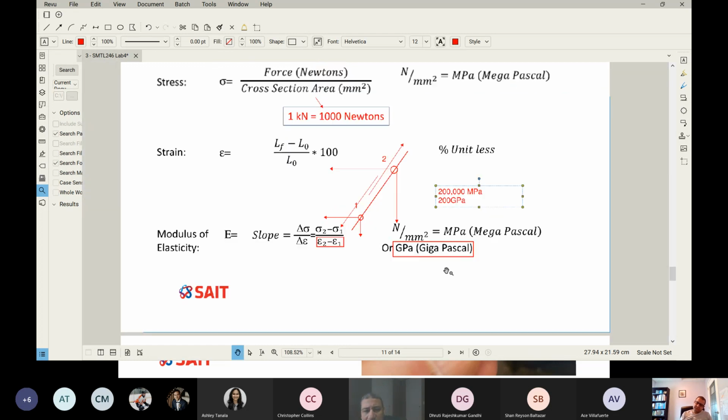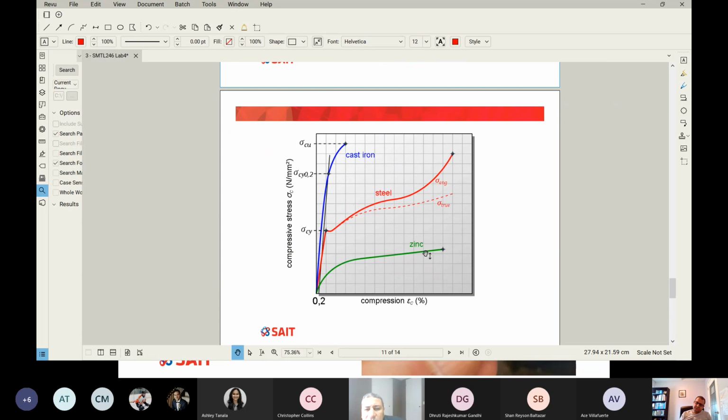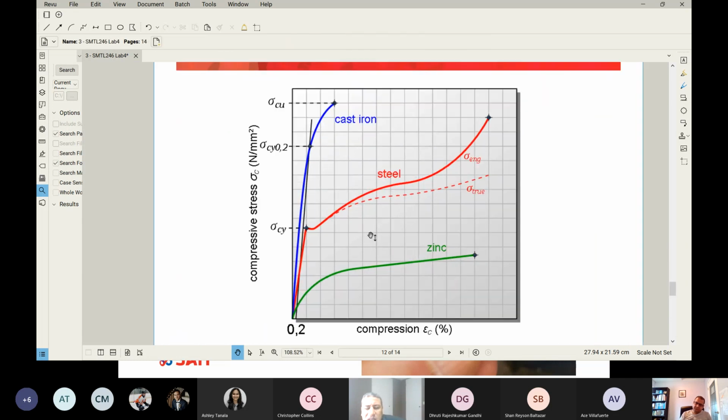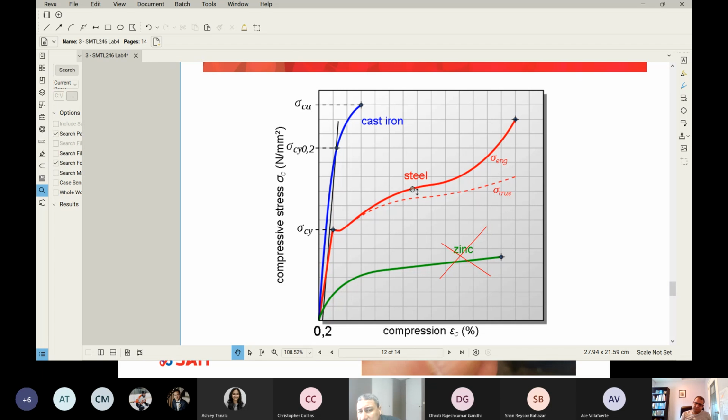Now this curve, we have never tested zinc, so we tested cast iron and mild steel. To remind you, because of different chemical composition, mild steel has little carbon, while in cast iron we add more carbon and silicon, and that completely changes the behavior of the alloy.